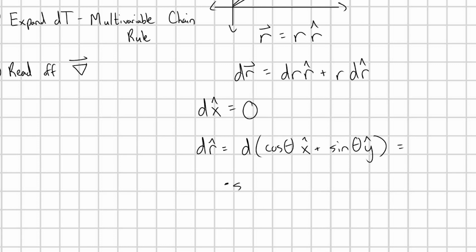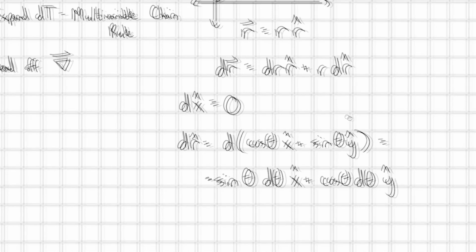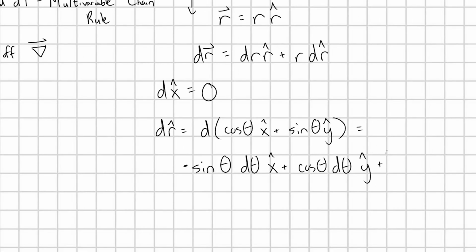We're going to have minus sine theta d theta x hat plus cosine theta d theta in the y hat direction. And again, there are terms that contain, just like the product rule, a dx hat times some stuff and a dy hat times some stuff, but dx hat and dy hat are just going to be 0 because those are constant basis vectors in our space.